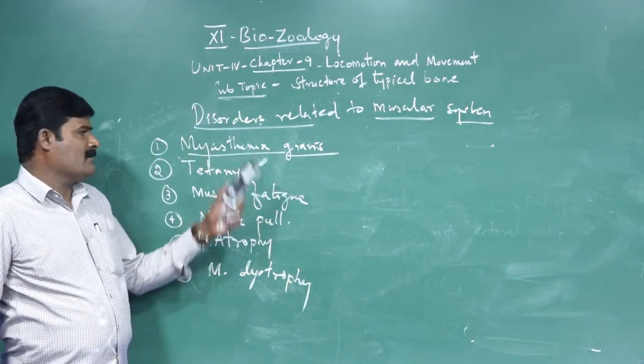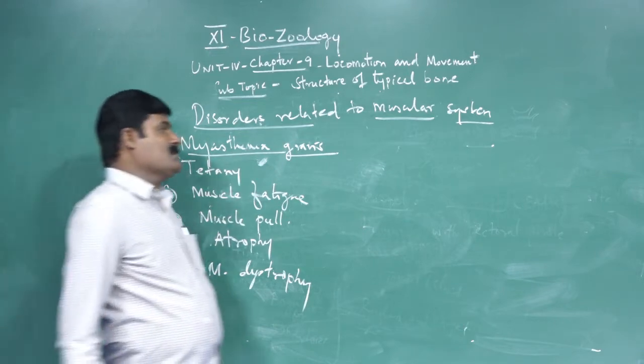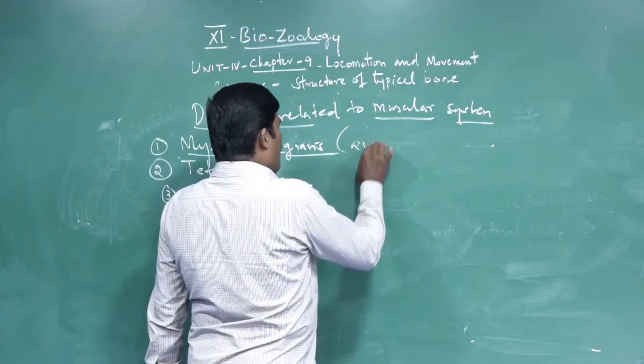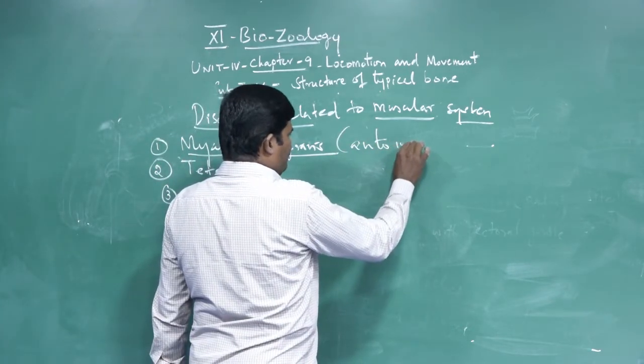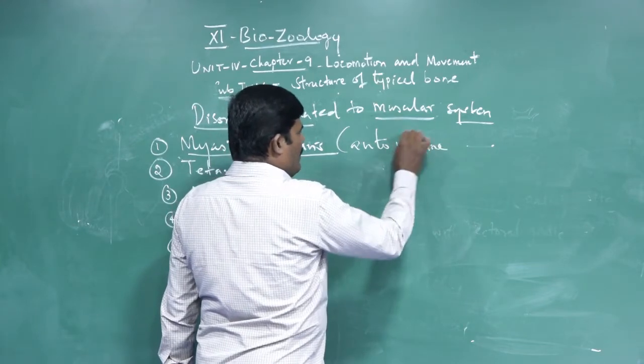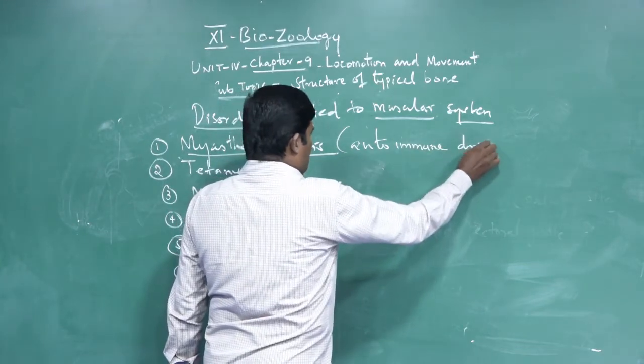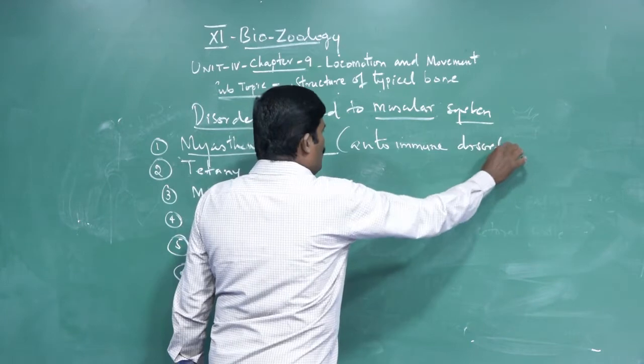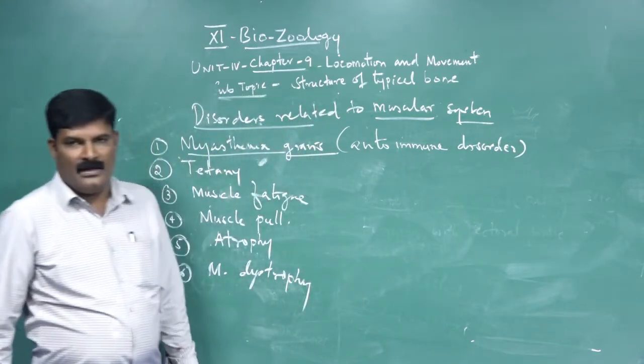Let me explain this. Myasthenia gravis is one of the autoimmune disorders. What is an autoimmune disease?